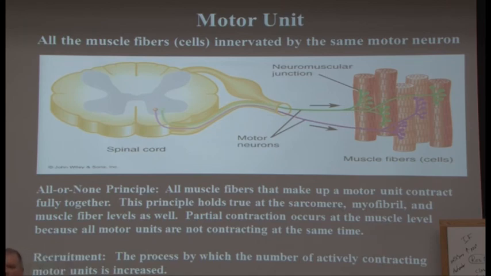And that's what you worked on for the first part of your life. Learning how to walk, learning how to throw a ball, learning how to tie your shoes, learning how to write. Your brain was working on creating the pattern of the amount of motor units you needed to contract to accomplish a specific task.